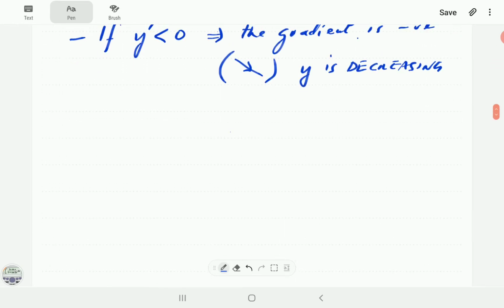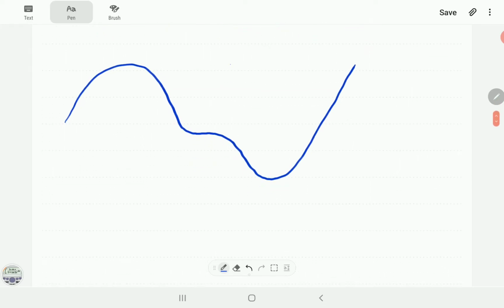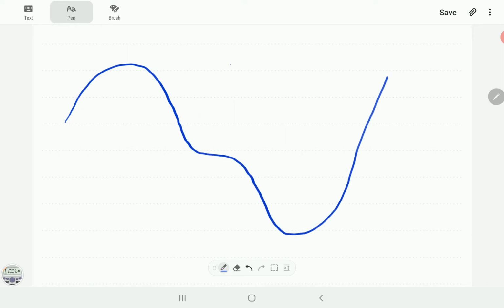Let's just look at a graph here, and then we'll put these ideas in context. Suppose we have a graph like this.